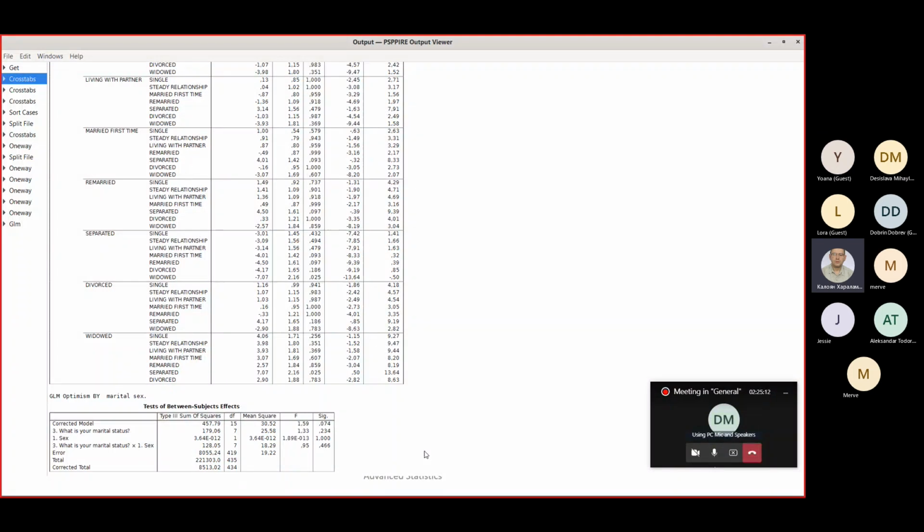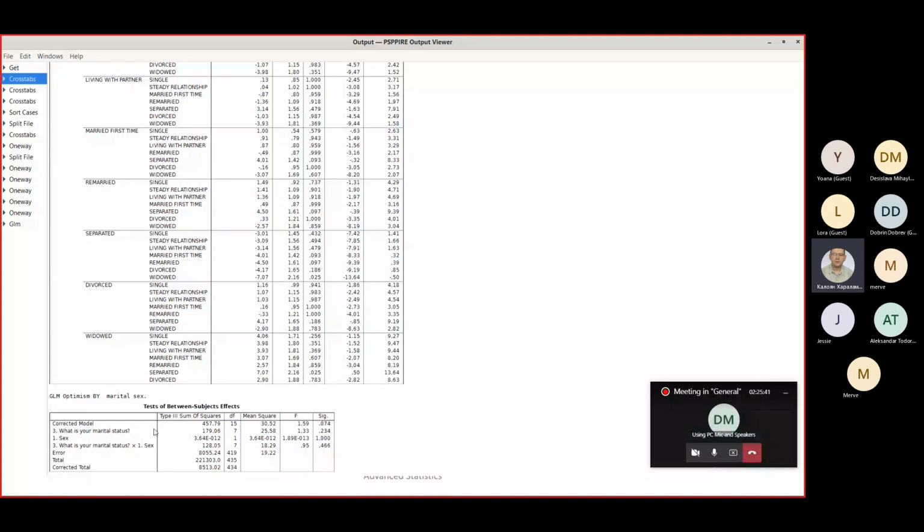This procedure stops when all factors are independent. In our case, 2 factors, marital status and gender, are independent, and we can analyze them separately. And we use again significance level.